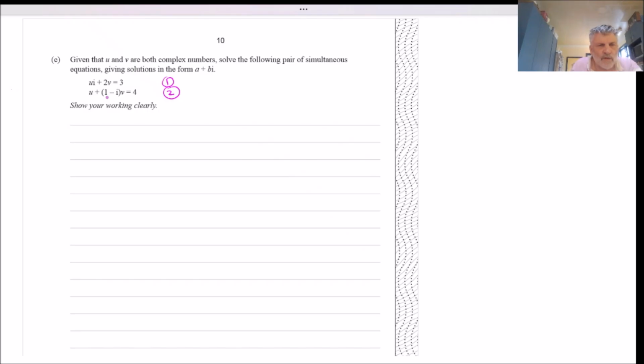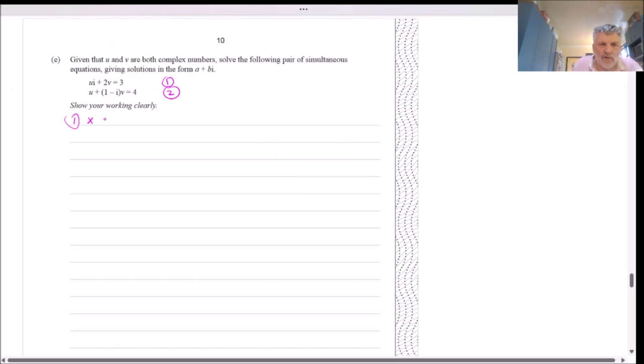Just the coefficients can be complex here, so we expect to get complex solutions. If we take equation 1 and multiply by i, then we get u times i squared, that's minus u, plus 2vi equals 3i.